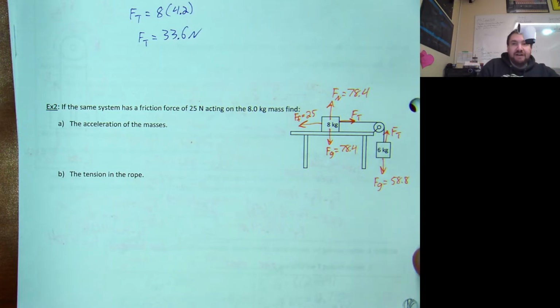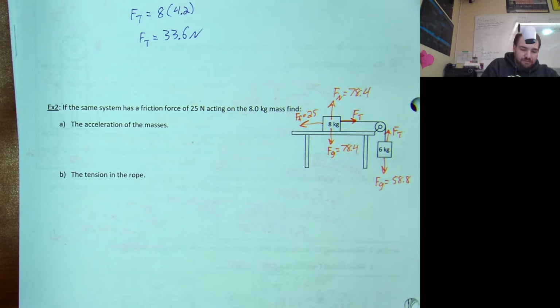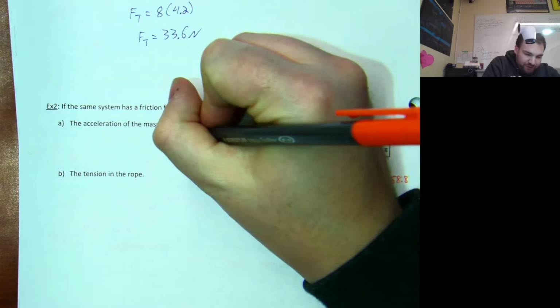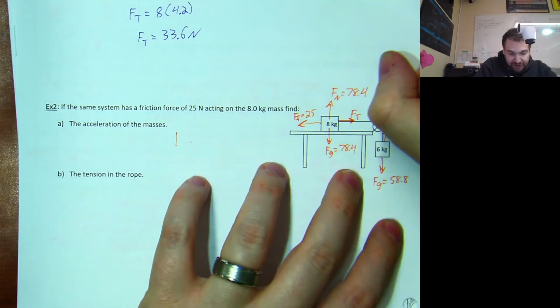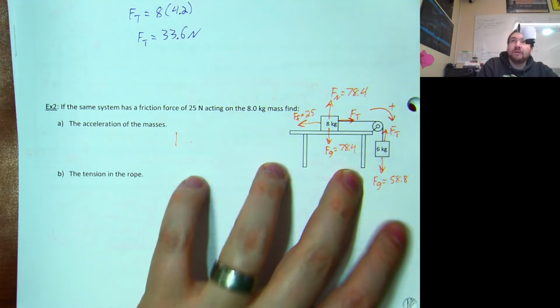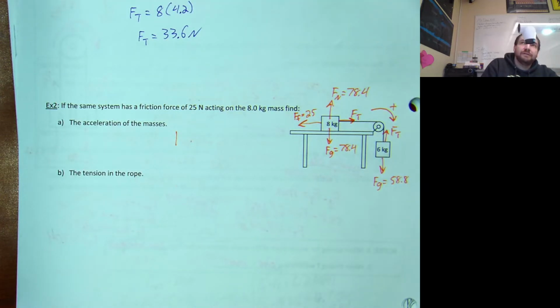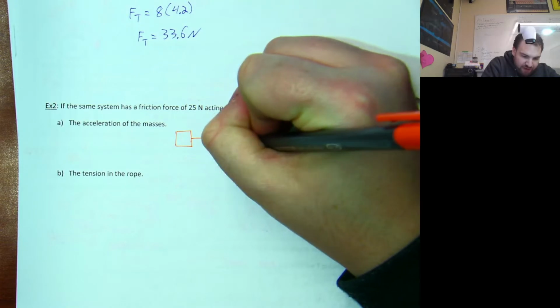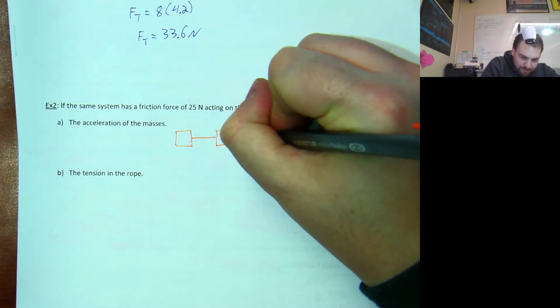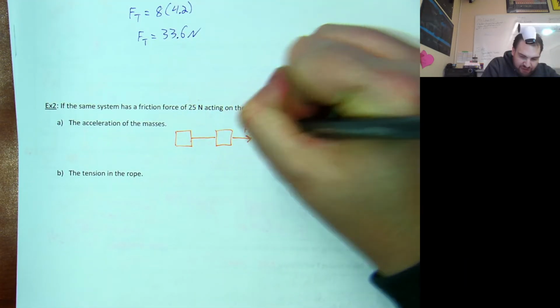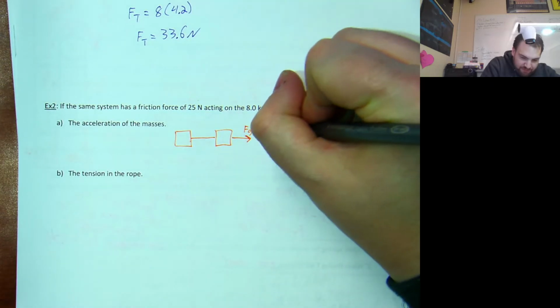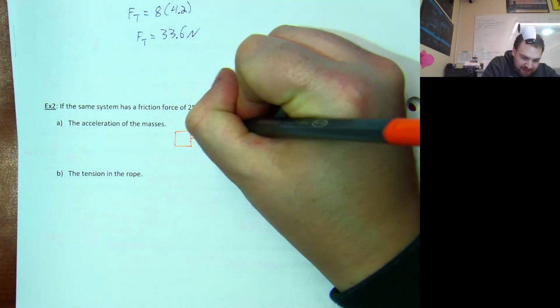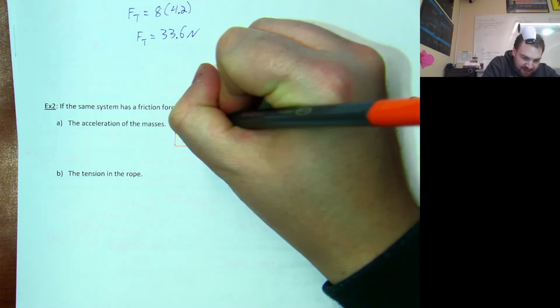So the acceleration of the masses now. I can redraw this thing, and we're going to call the same direction positive, over and down the pulley. So I can pop these things off, redraw them. I'm going to have FG 58.8. I'm going to have FT acting that way. I'm going to have FT acting that way.